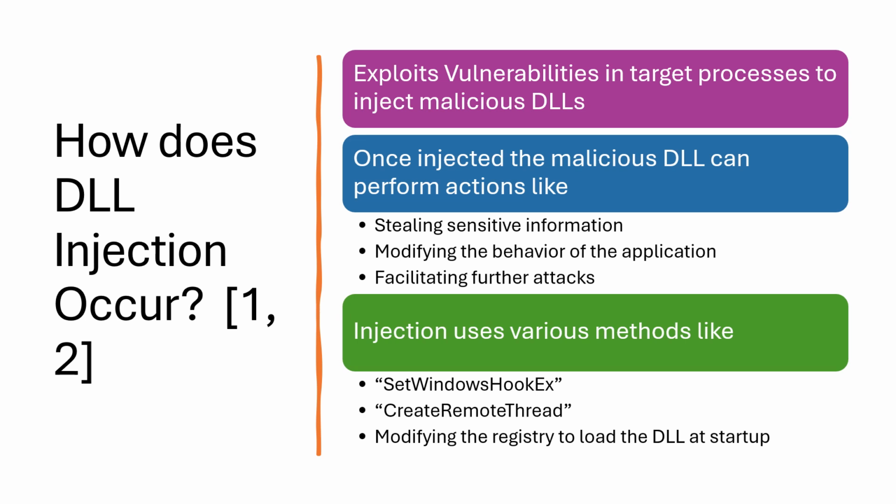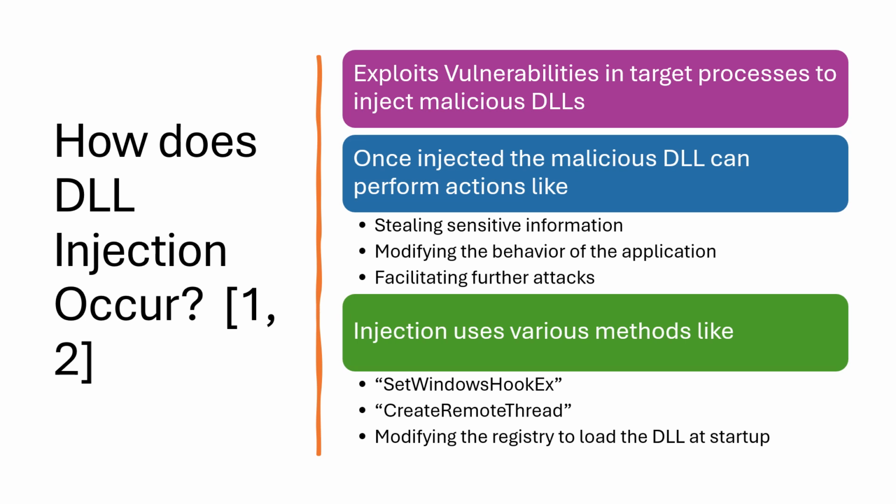And then we have injection, which uses various methods like SetWindowsHookEx, CreateRemoteThread, or modifying the registry to load the DLL at startup. And finally, we have the execution, where the injected DLL is executed within the context of the target process, allowing the attacker to manipulate the process internally.